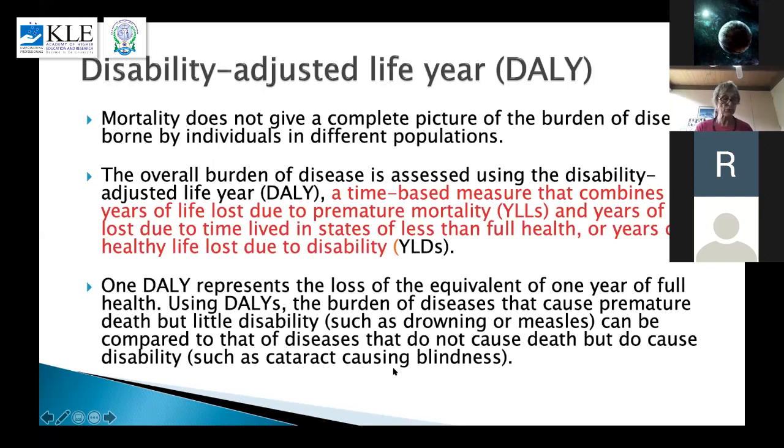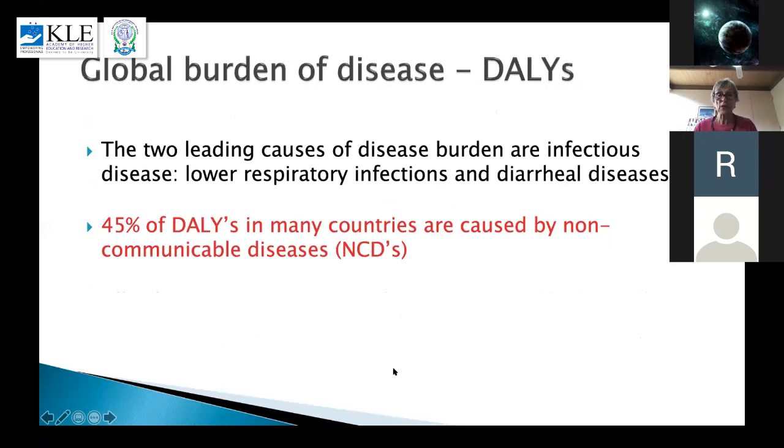So someone who has measles or someone who drowns and dies, that really doesn't cause a lot of disability. But if we look at those things that don't cause death, like cataract is a very good one, or polio would be another one, these are what the DALY measures. And of course, in many countries, the two leading causes of disease burden are infectious diseases like lower respiratory infections and diarrheal diseases.